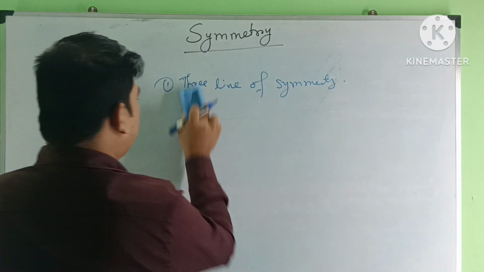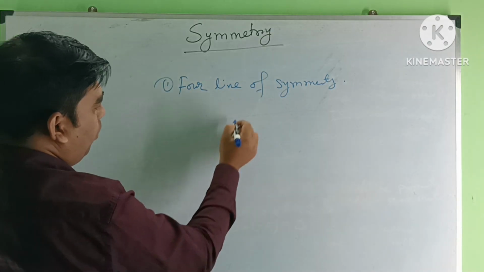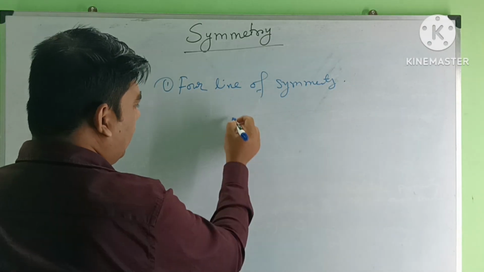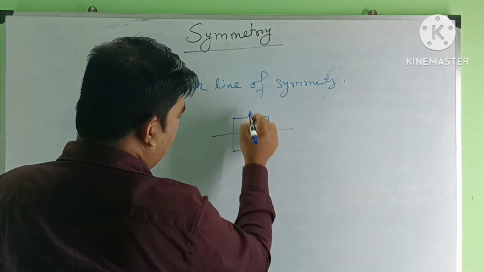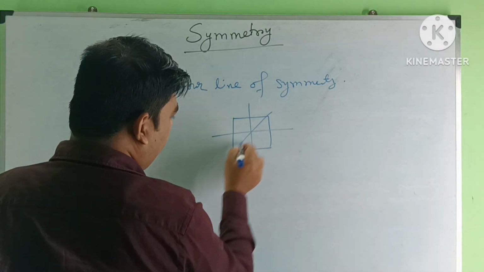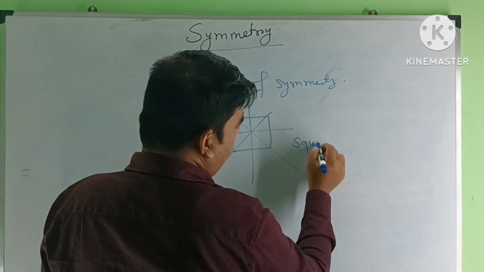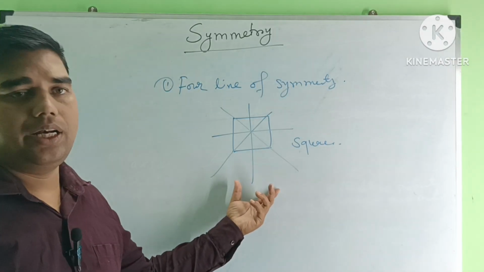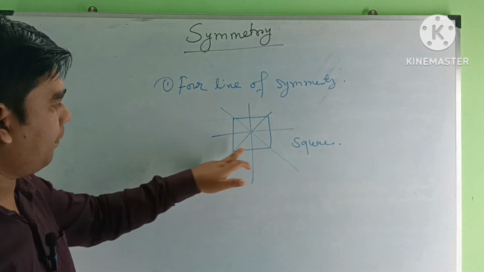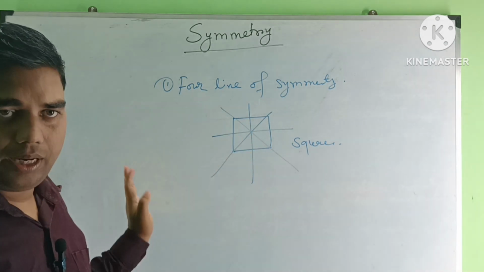Consider a square: one line, two lines, three lines and four lines. So a square has four lines of symmetry. Symmetry means all these parts are equal.